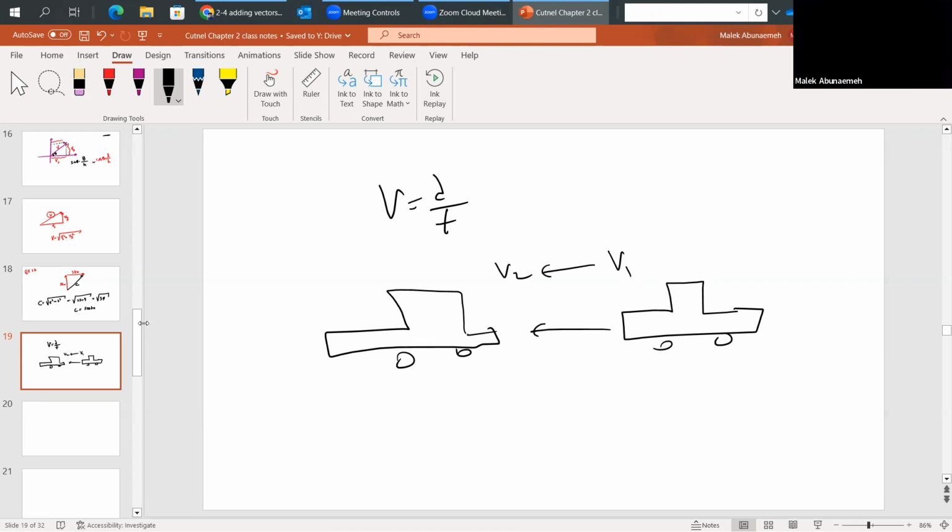When I'm in my car and I go to a different speed, I press the acceleration pad, which releases more gas, and you accelerate more. Or you press the brakes, which you decelerate. So we're talking about something new called acceleration.